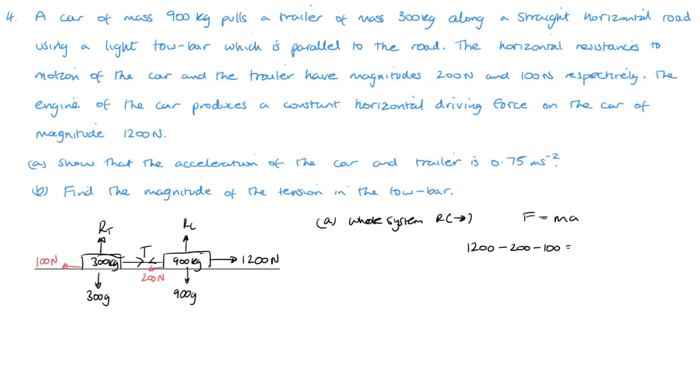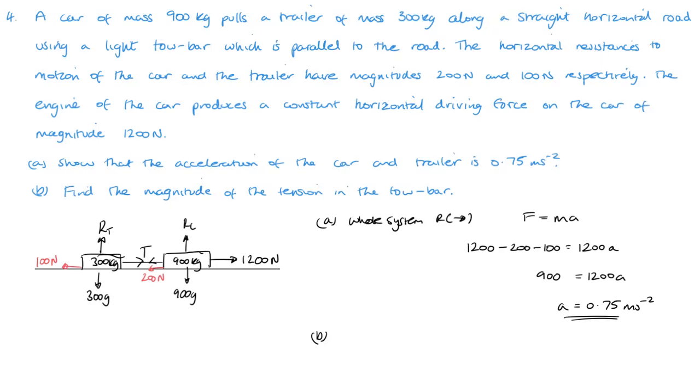The total mass is 1200 kilograms times by A. So 1200 minus 300 will be 900. Divide by 1200 and we get 3/4 or 0.75 meters per second squared. So there we have shown that A is 0.75.